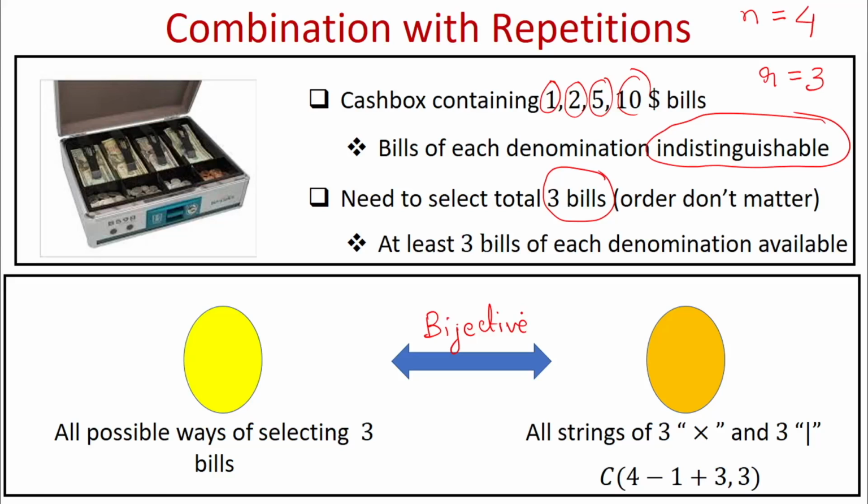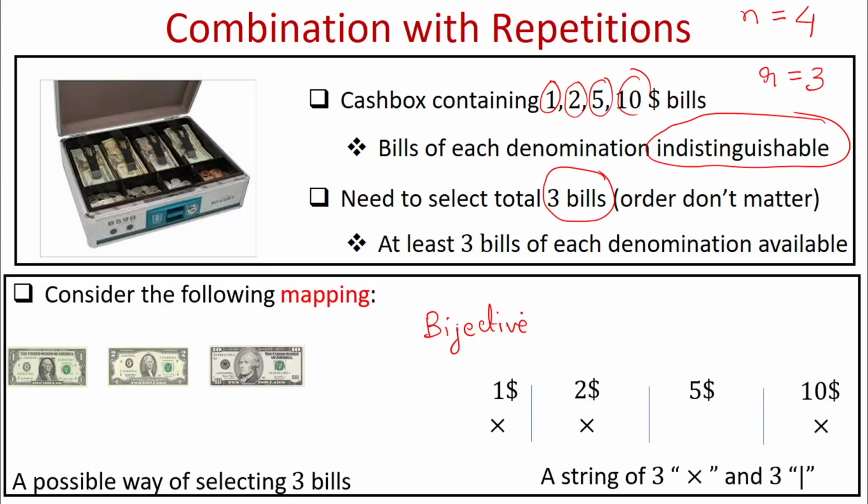My claim is that the mapping that I have discussed is a bijection. Of course, it is an injective mapping from this direction to this direction. Why so? Because if you take two different ways of selecting three bills, the corresponding strings of three crosses and three vertical lines will be different. And my claim is that this mapping is surjective as well. You give me any string of three crosses and three vertical lines, I can tell you a corresponding way of picking three bills.